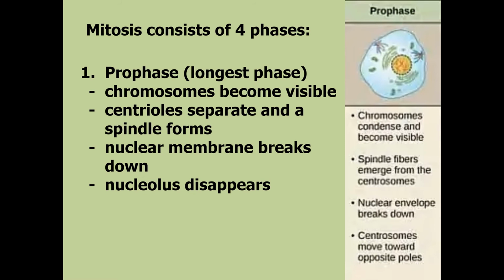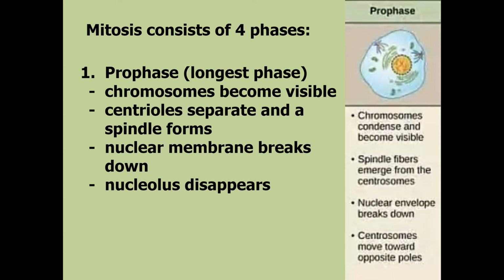Okay, so mitosis. Mitosis is a word that you've probably heard thrown around before, and it is basically just cell division in our cells. So it's when cells replicate and they start growing and dividing, growing and dividing, growing and dividing, and we become people.